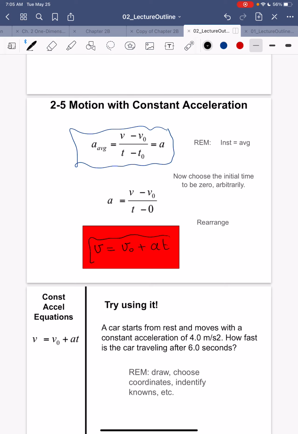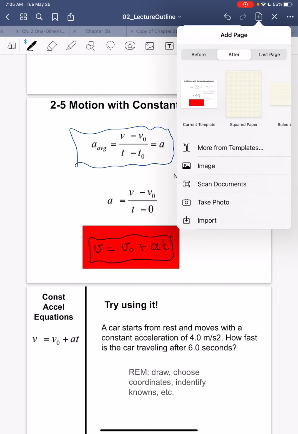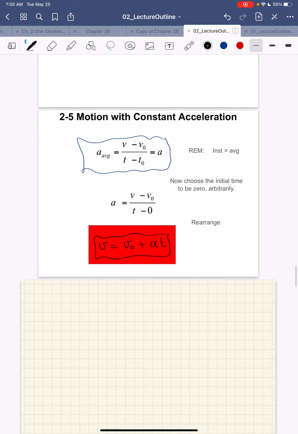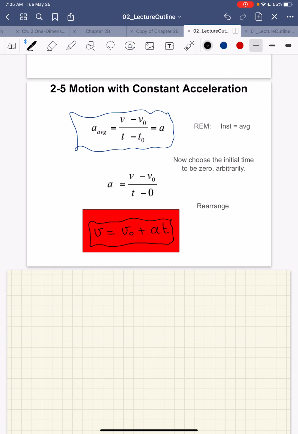Now, here I want to say something more than this, and this is the reason why I'm going to add another page where I will define what V really stands for. V here stands for my final velocity. Since it is a velocity, it is a vector, which means it can be plus or minus.